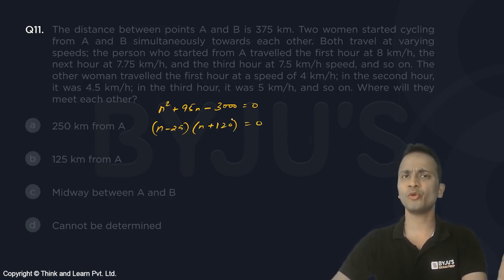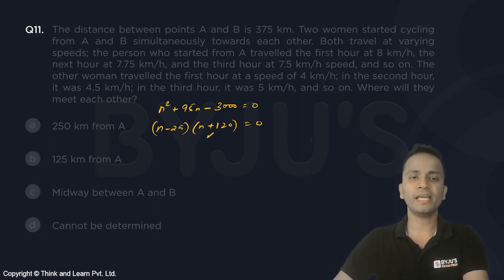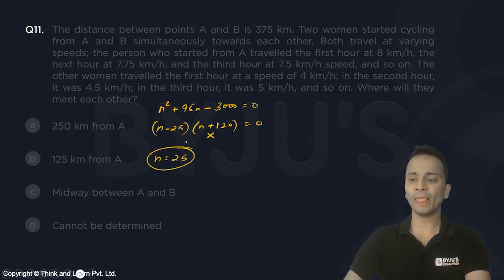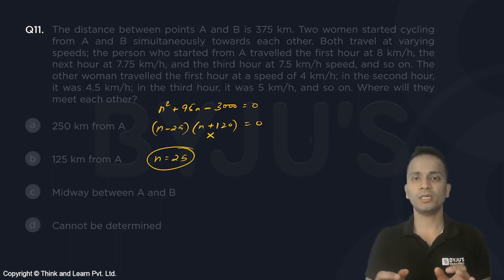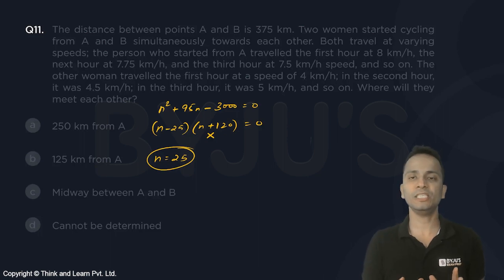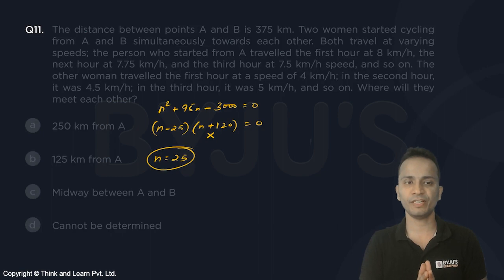All of this you can do by yourself. I will not look at the negative value of n; this part will be rejected. So the value of n will be equal to 25. That means after exactly 25 hours, the two ladies will meet each other. The combined distance traveled by them will be 375.